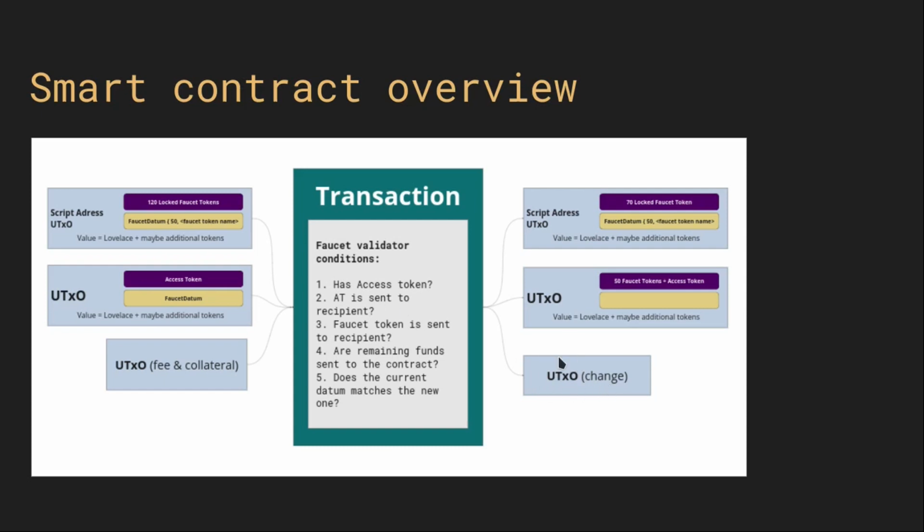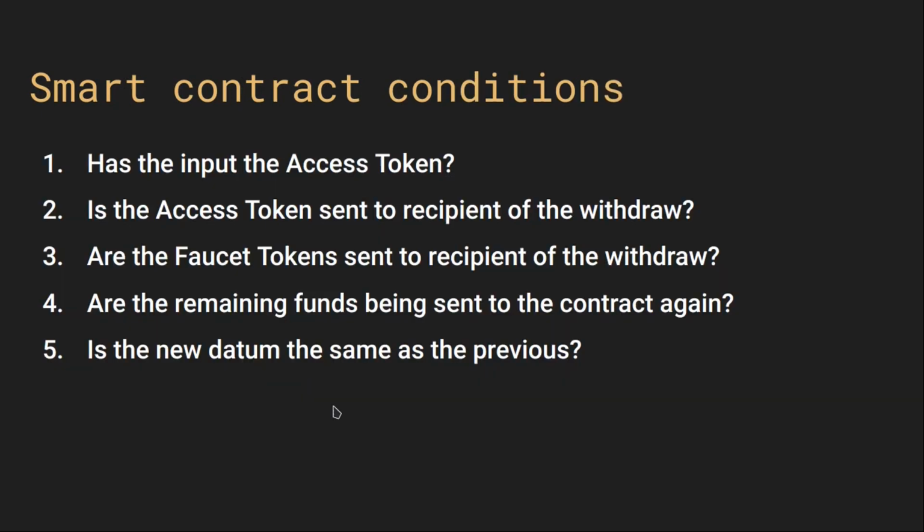In order to run this transaction, we have to satisfy 5 conditions. First, does the input have the access token? Only the person who has the access token can claim the faucet tokens. Second, is the access token sent to the recipient of the withdrawal?